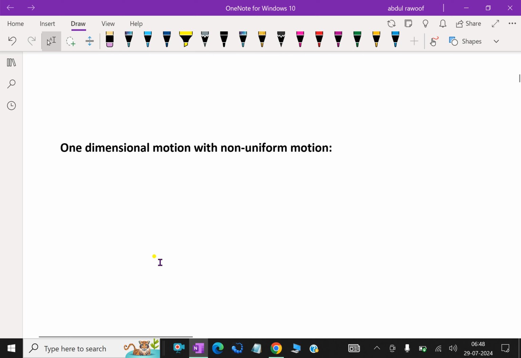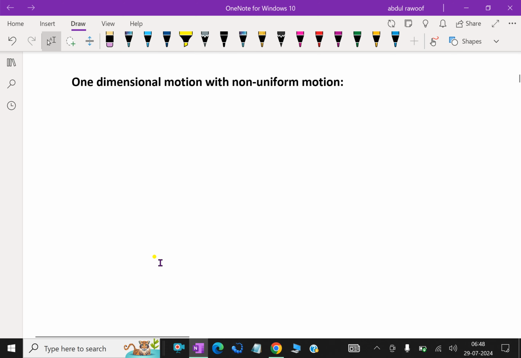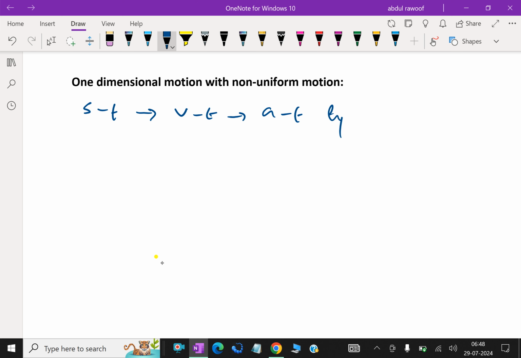Next, one dimensional motion with non-uniform motion. Here, from distance-time to velocity-time, then acceleration-time, we can get this by differentiation: s-t to v-t, v-t to a-t.